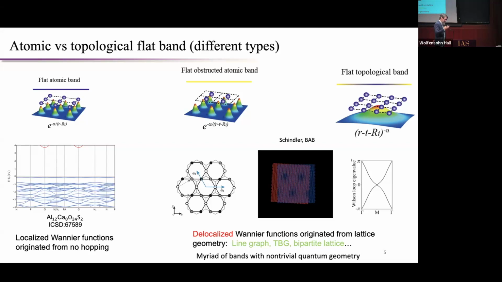You can make it exponentially localized up to some range, but then you have power law decays in the wave functions, and depending on the topology of the band, you can probably have different powers, etc. But you have power laws in the wave function, which basically make the band not be localized.